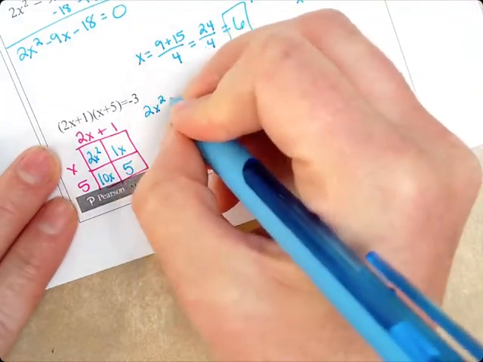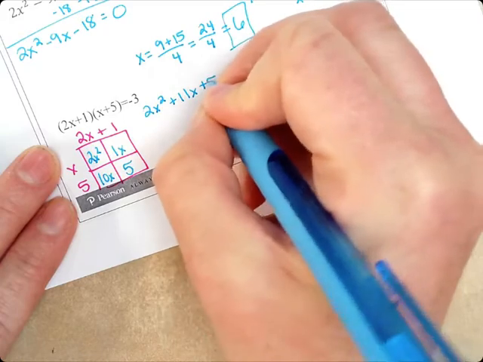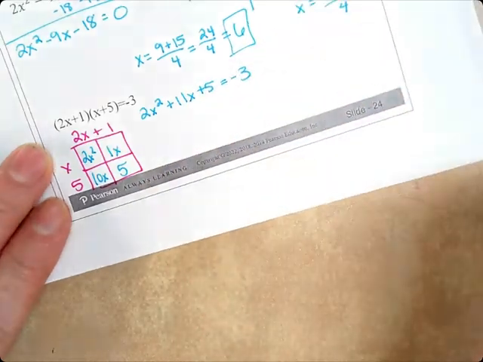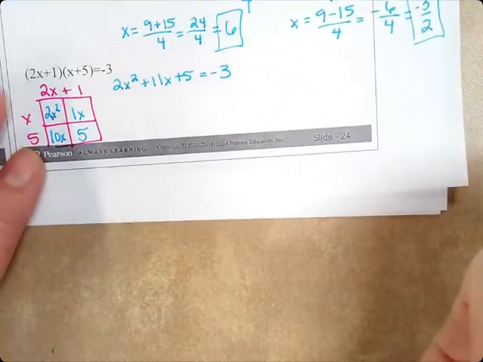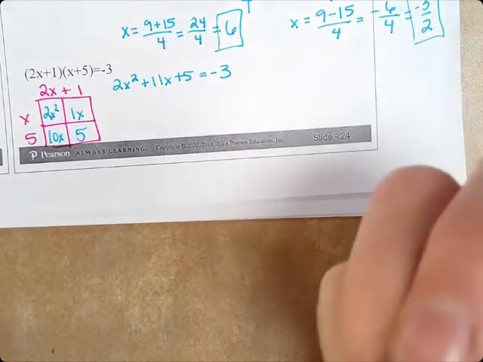So we have 2x squared plus 11x plus 5 equals negative 3. So that was just multiplying those two binomials.